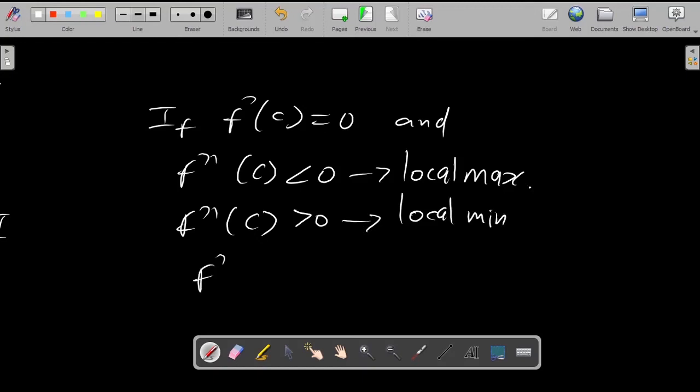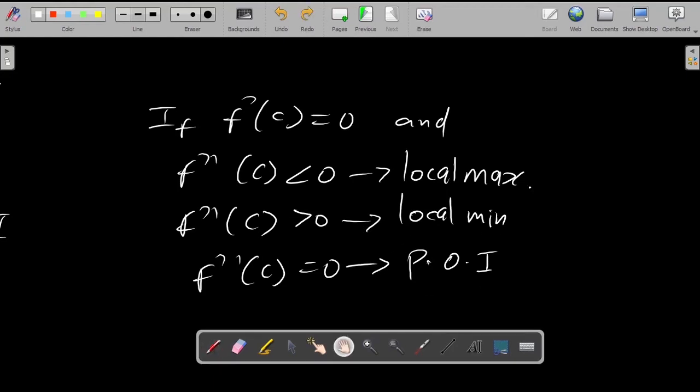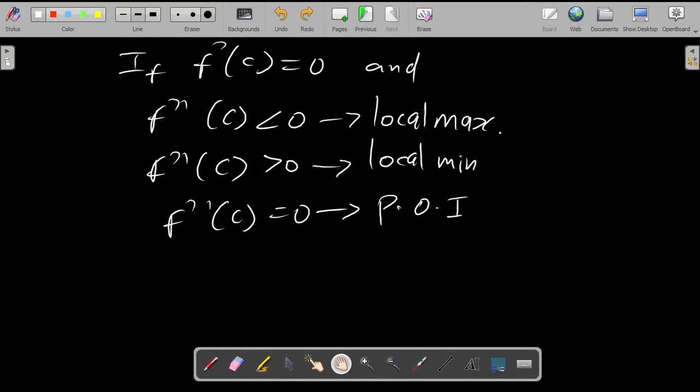And now if you have the second derivative as 0, then you have a point of inflection. This is for grade 12. You can immediately conclude that it's a point of inflection. There are other tests that you have to do to be absolutely sure that you indeed have a point of inflection, but this is enough.